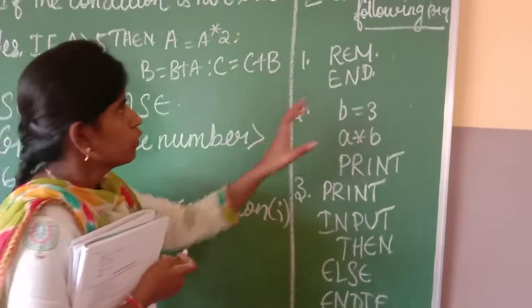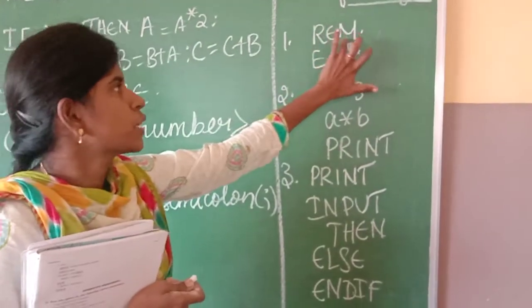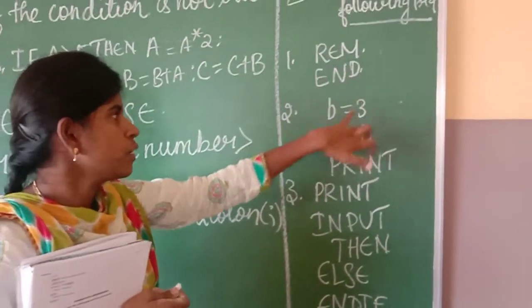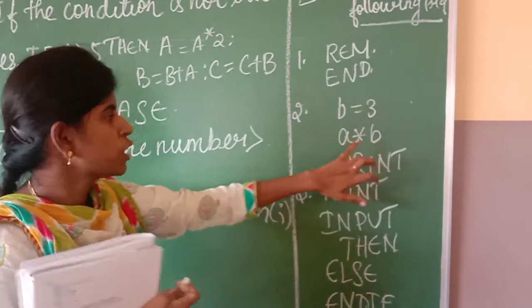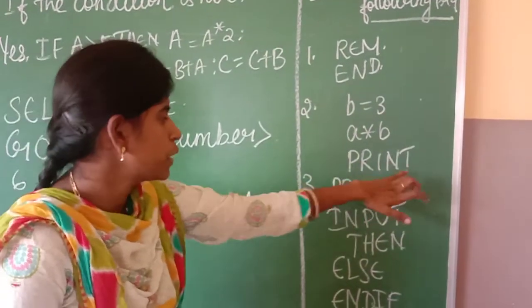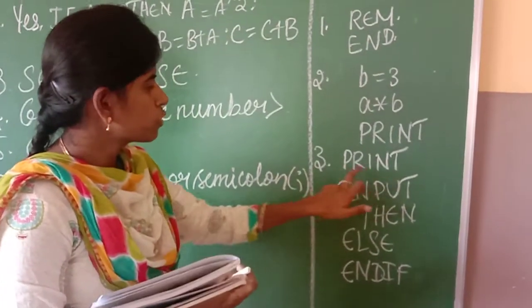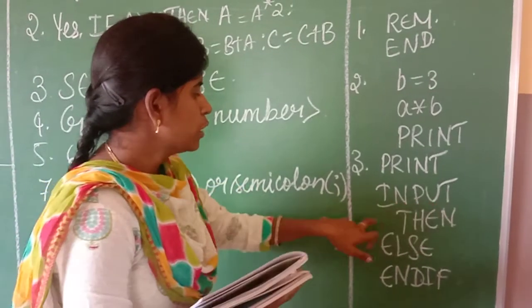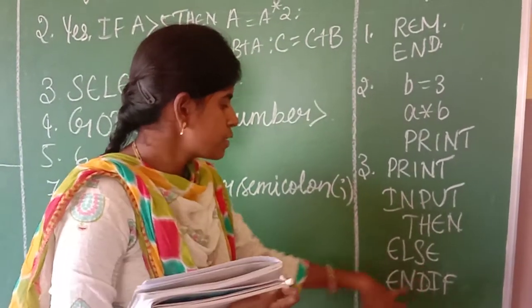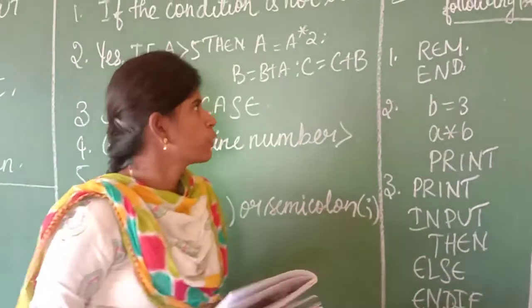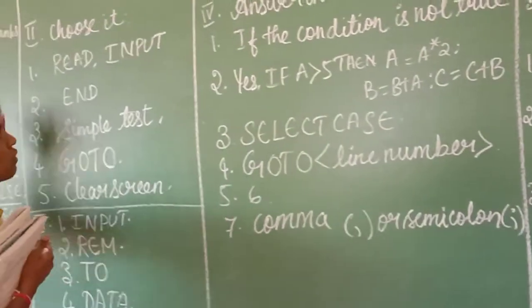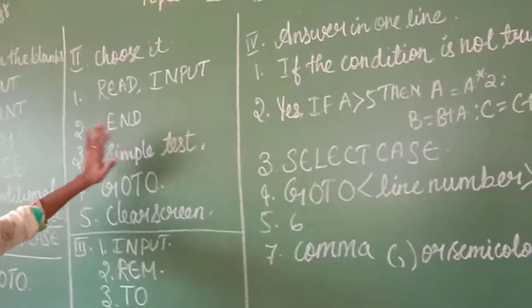Okay. First one REM, that is the remarks. And end. Second question B equal to 3, A into B and print. For third question, first is a print, second is an input, third is a then, fourth is an else, fifth is an end if. I request everyone to copy the same thing in your textbook.